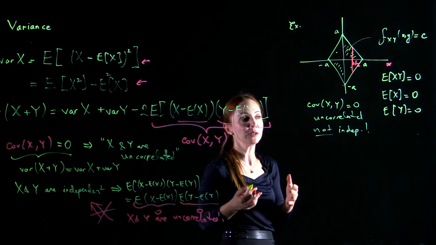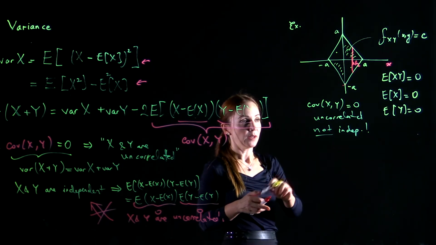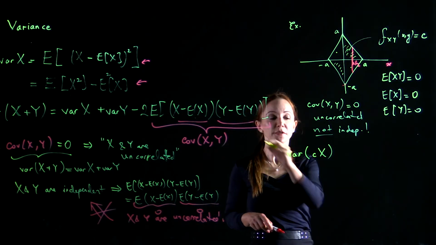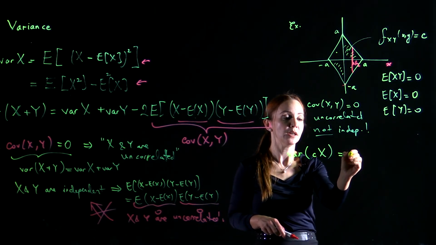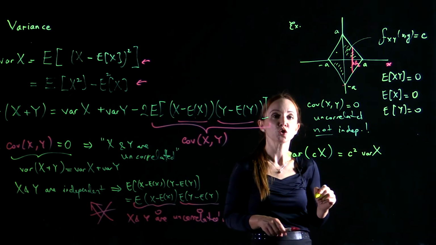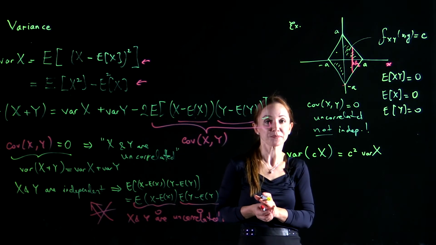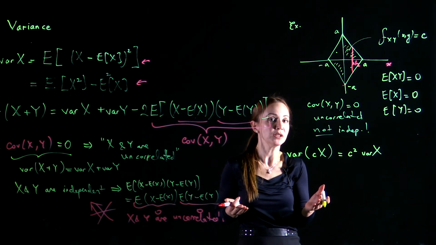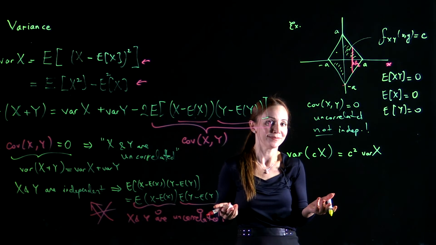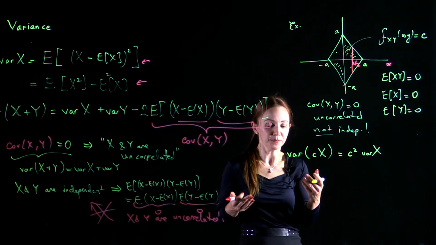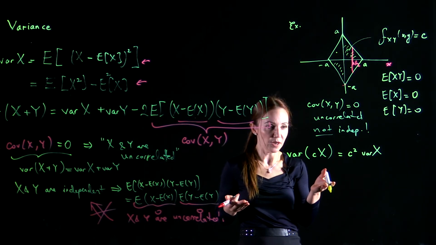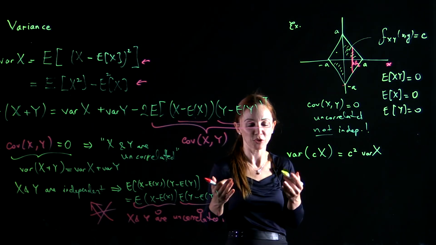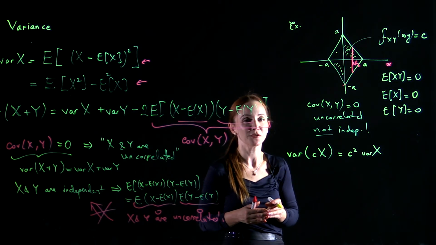Okay. Now let's talk a little bit about a few properties of variance. Variance of a scaled version of a random variable: by the definition, you can clearly show that this is c squared times the variance of X. So if you add X and X together, the variance does not simply double; there's no quantifiable randomness added by adding X to itself.